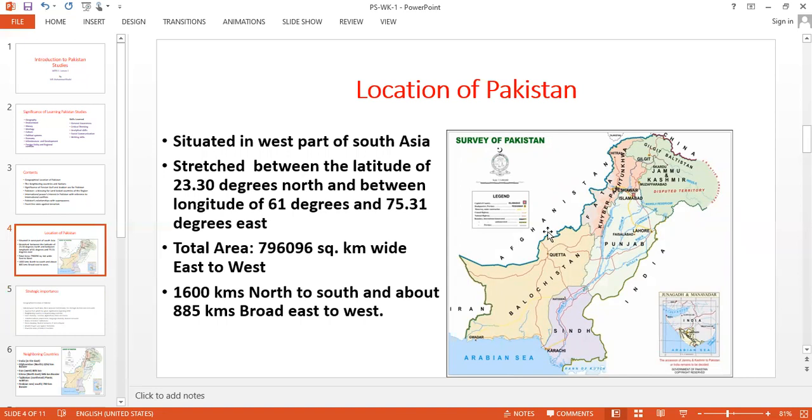Pakistan is open to the wide Central Asian countries, which used to be Muslim countries hundreds of years ago, before the Russians occupied these territories.